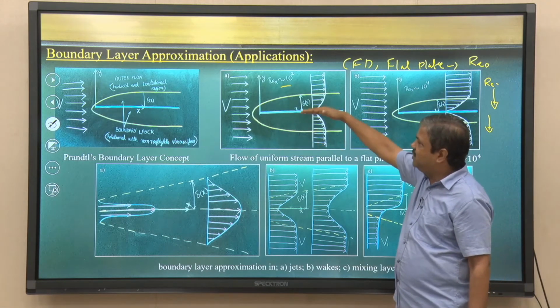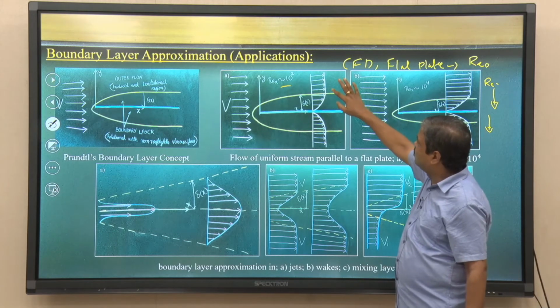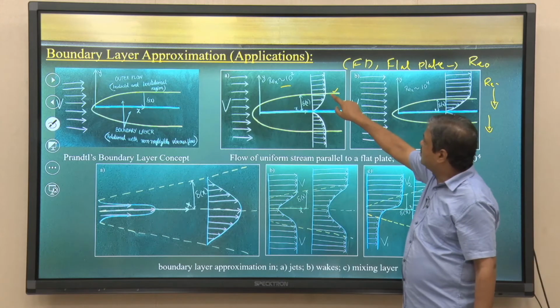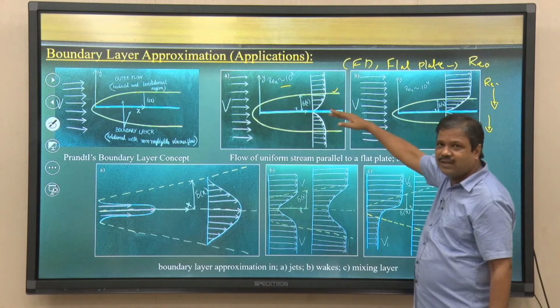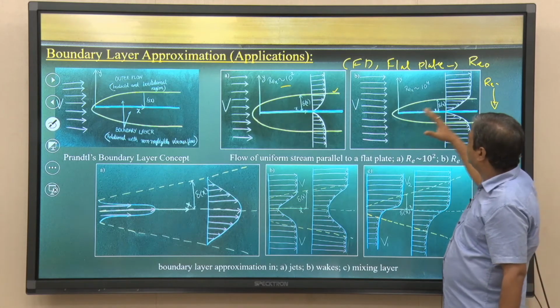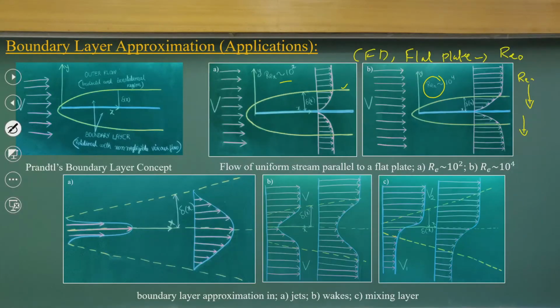If you have a velocity v, put a plate and measure the velocity distribution and find out where we have 0.99 v, and that will give us the thickness. We can easily conduct this in any wind tunnel lab to get the boundary layer thickness as a function of Reynolds number. That is what we can get, either from a wind tunnel or CFD.